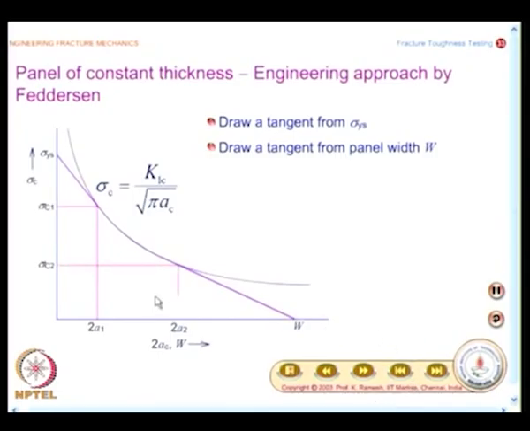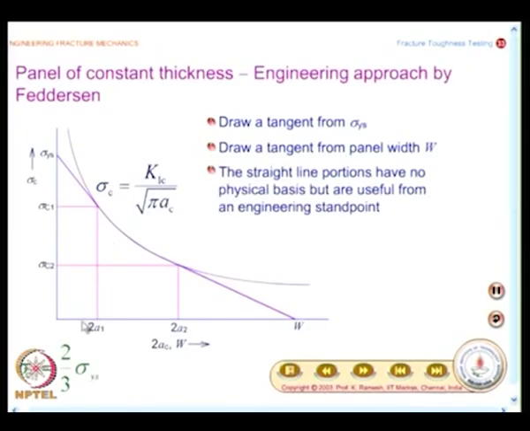And what is now shown here is what are the corresponding values of the crack length when I put a tangent from sigma ys. The failure stress would be sigma C1, that is given as 2/3 of sigma ys. So, this is the reason in the screening criteria we have said that the failure stress should be greater than 2/3 sigma ys or less than 2/3 sigma ys.